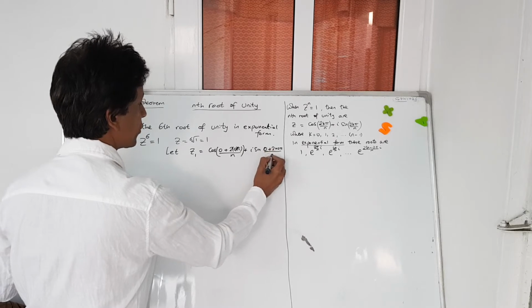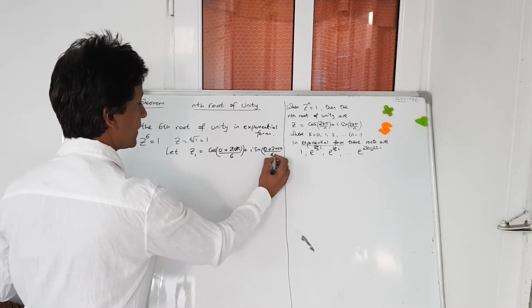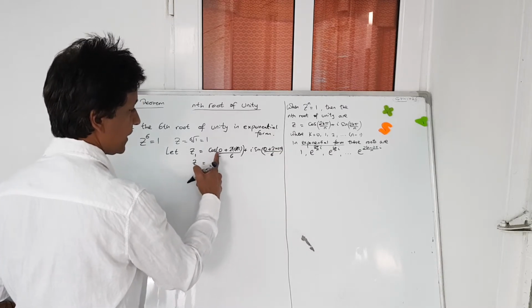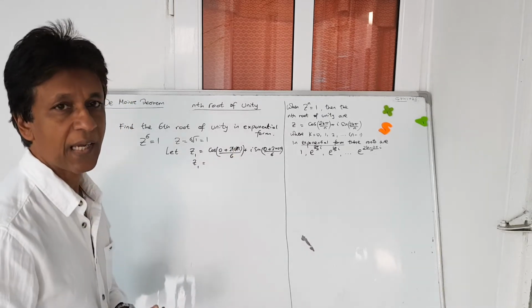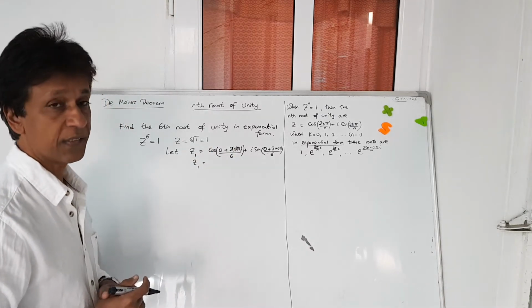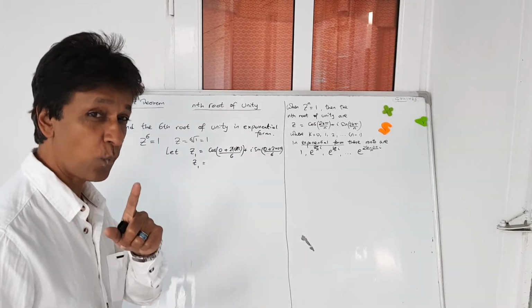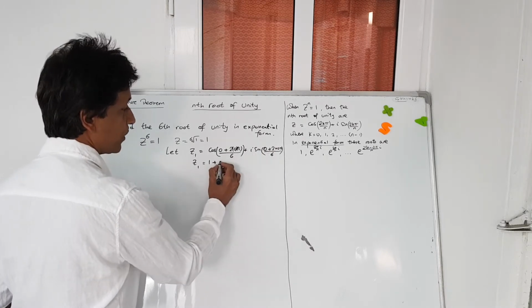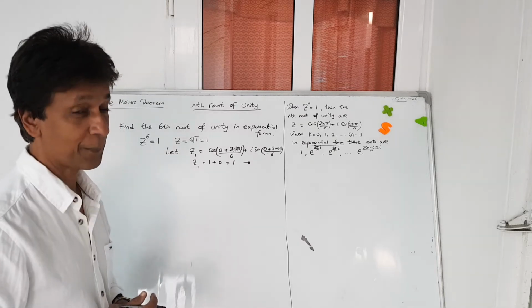Now we know that n is equal to 6 here. From here, we can clearly see that 0 times pi is 0, and 0 plus 0 is 0, and 0 divided by 6 is 0. Cos of 0 from your calculator should give you 1, and sine of 0 is 0, so it's equal to 1. So this is our first root.